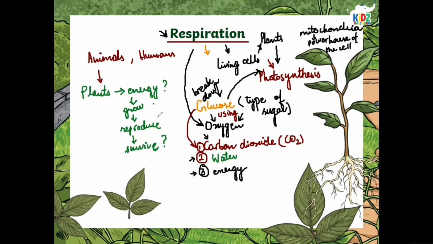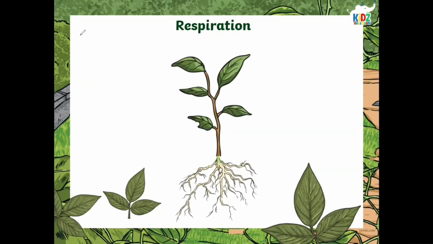So let's see, how does plant respiration work? Let's break it down step by step. The first step is the breakdown of glucose. First, plants create glucose during photosynthesis.